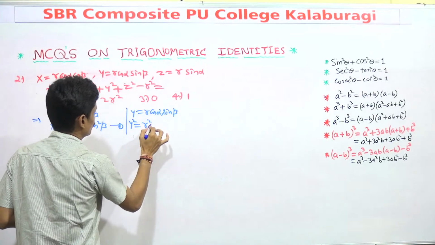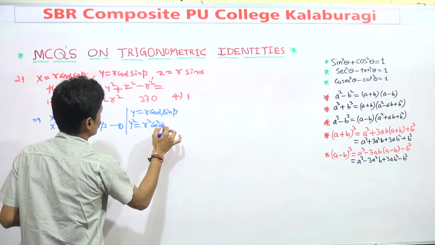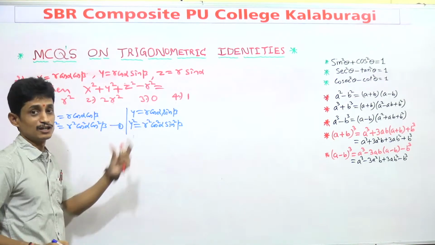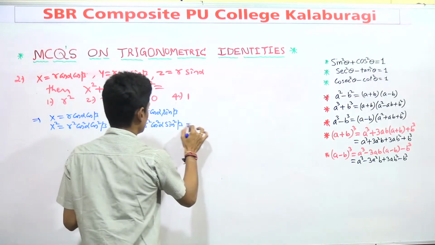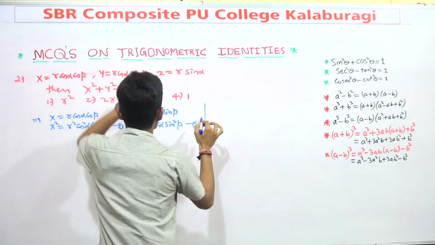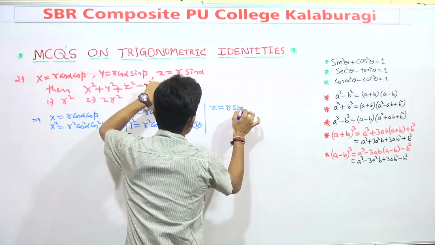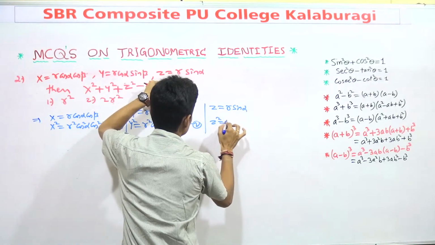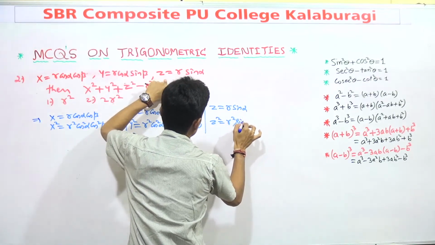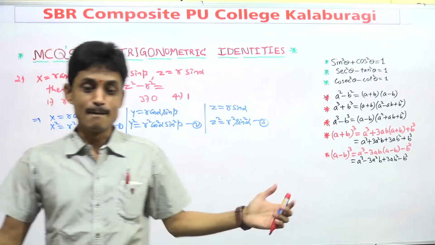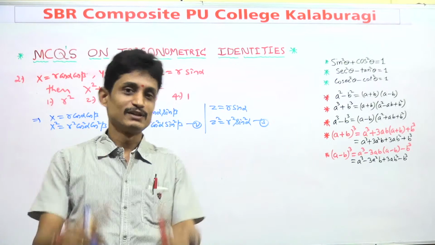Y square equal to r square cos square alpha sin square beta, squaring on both the sides. This is equation number 2. Now z is equal to r sin alpha, z square equal to r square sin square alpha. Equation number 3. By adding all these three, we'll get the answer.